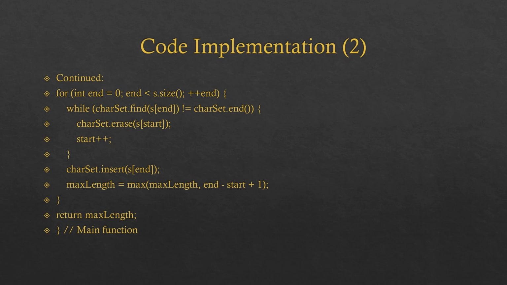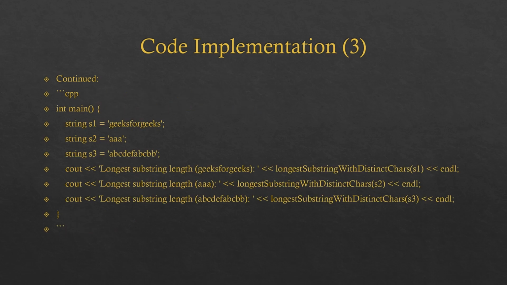We then iterate over the string, adding characters to the hash set and adjusting the window as needed. Finally, in the main function, we test the function on various strings such as "geeksforgeeks", "AAA", and "ABCDEFABCBB". The program outputs the length of the longest substring with distinct characters.